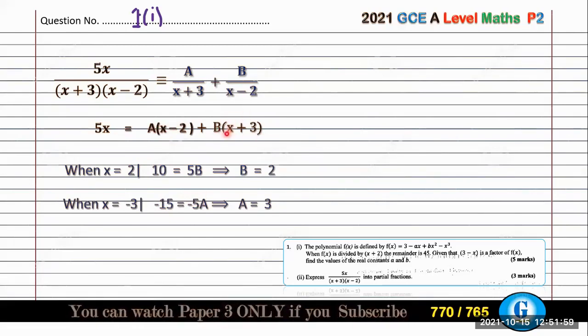This is some sort of elimination, which they call cover up. So now that we have our values of A and B, our f of x becomes 3 over x plus 3 plus 2 over x minus 2. So we have expressed this in partial fractions.